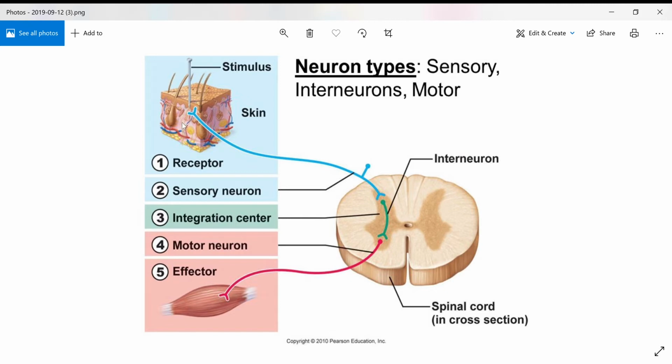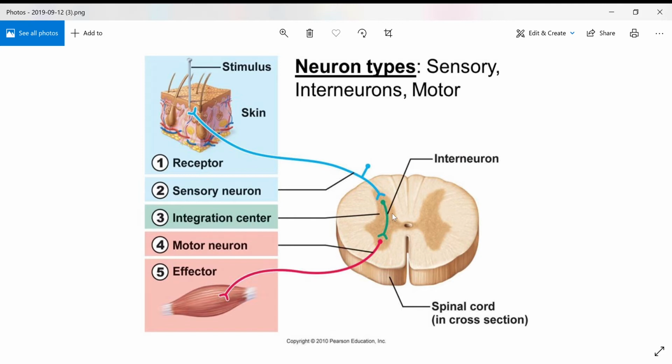Once it's triggered, it will send an action potential down into the interneuron. So this is the collection of the stimulus, the receptor. The interneuron is like the integration center. It's where the information that the sensory neuron gave it is integrated and then processed into how to react to this sensation that we got, into this stimulation.